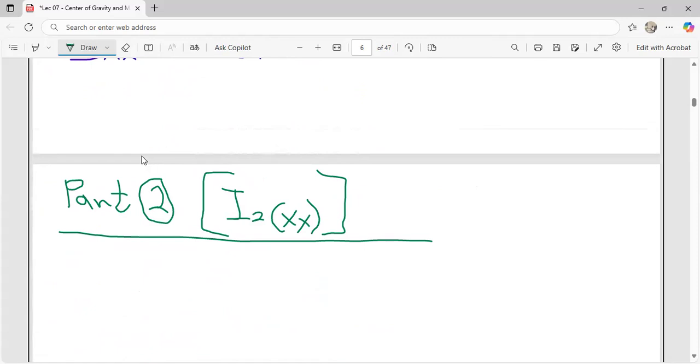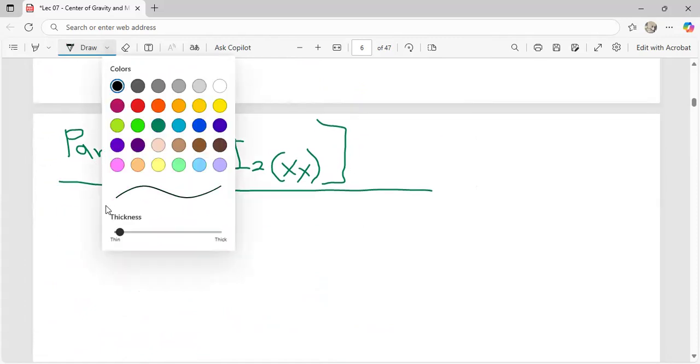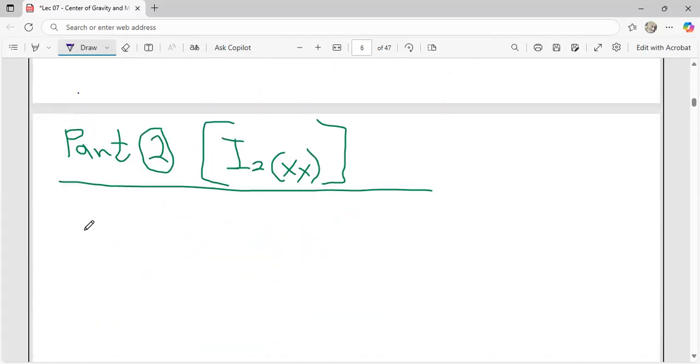Using the parallel axis theorem, my Ix is going to become what? My moment of inertia of part two is what we are calculating now.